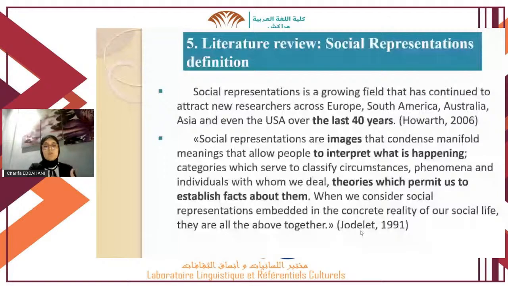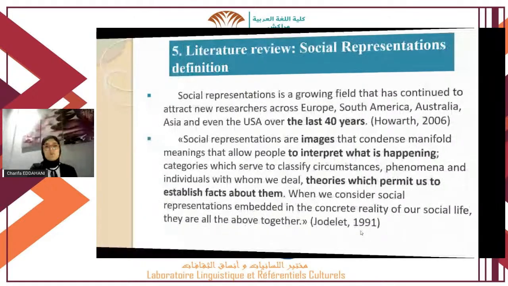So thanks to social representations, we are able to interpret what happens in our world. These are categories which serve to classify circumstances, phenomena, and individuals. So we cannot say that we can live without social representation. And this is one of the main definitions given by Jodelet, a very good researcher in social representations.